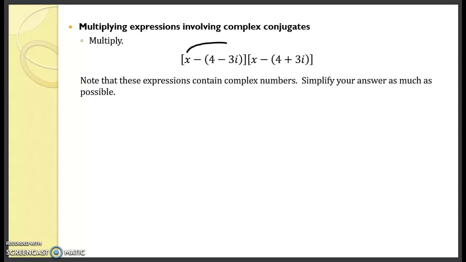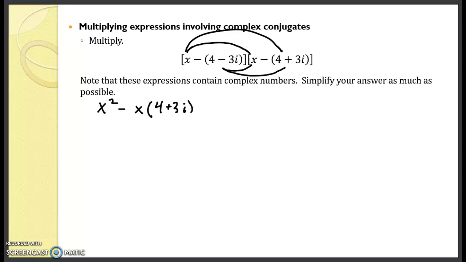We have to take this x and multiply it by both pieces. And then we have to take this piece and multiply it by both pieces. So x times x is x squared. And then we're going to minus x times 4 plus 3i.